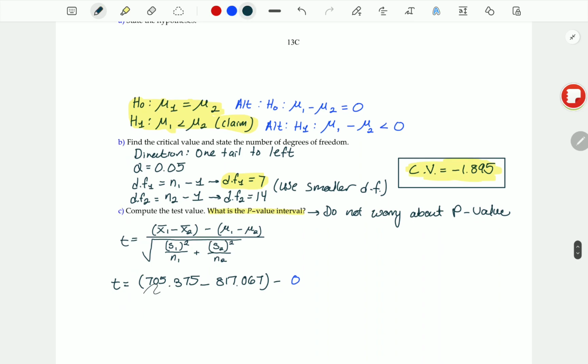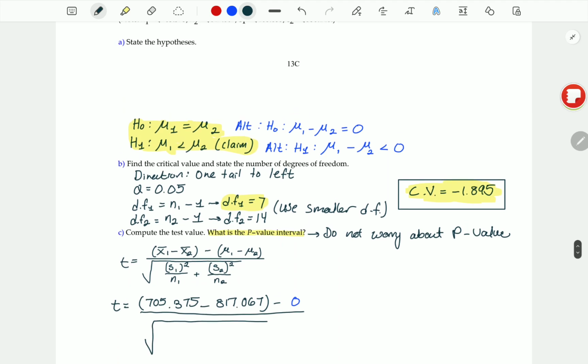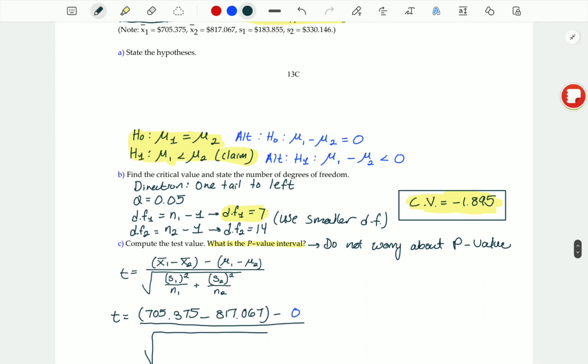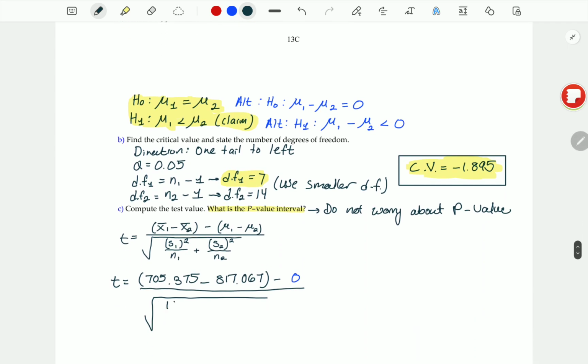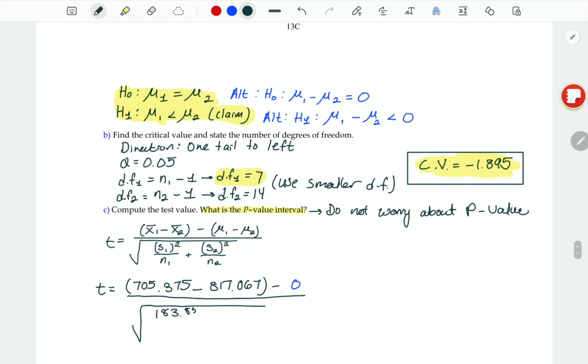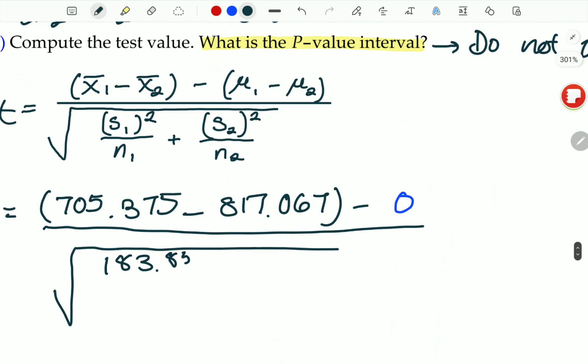Divided by the standard error, which is going to be the square root of sample standard deviation 1, which is 183.855. Zoom in a little bit better.